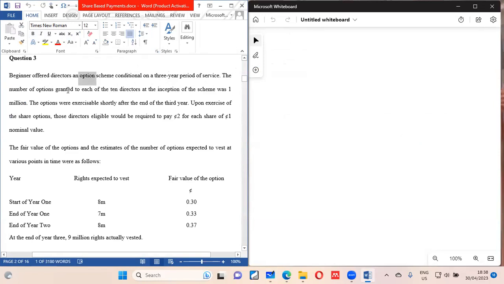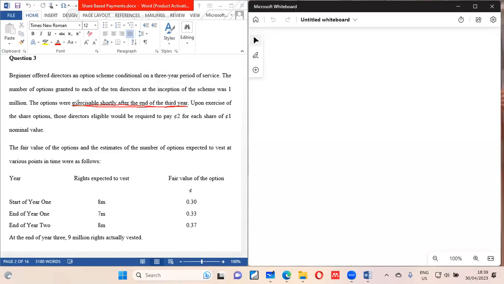The number of options granted to each of the 10 employees at the inception was 1 million. So it means that if all the 10 directors are going to vest, you multiply 10 directors by 1 million, which will get you how much? 10 million. The options were exercisable, and this is a key thing you have to note in the question, shortly after the end of the 3rd year.